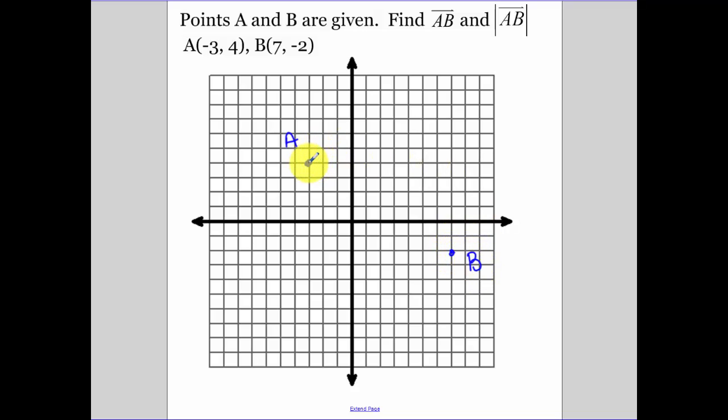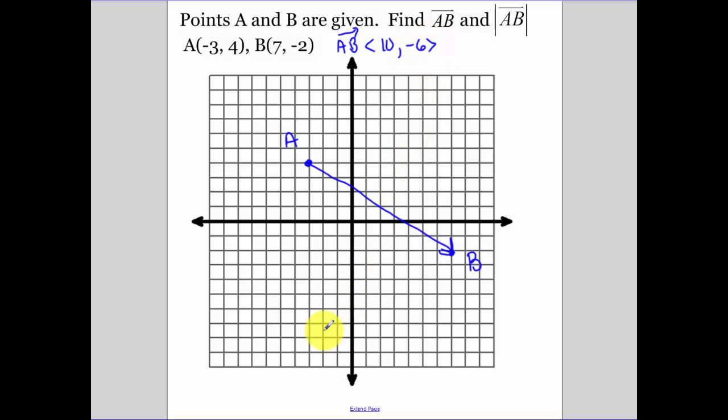I'm trying to find basically what is that vector. Okay, so to find vector AB, you take your x component, since B is listed second, you do 7 minus -3, which is 10, and -2 minus 4, which is -6.